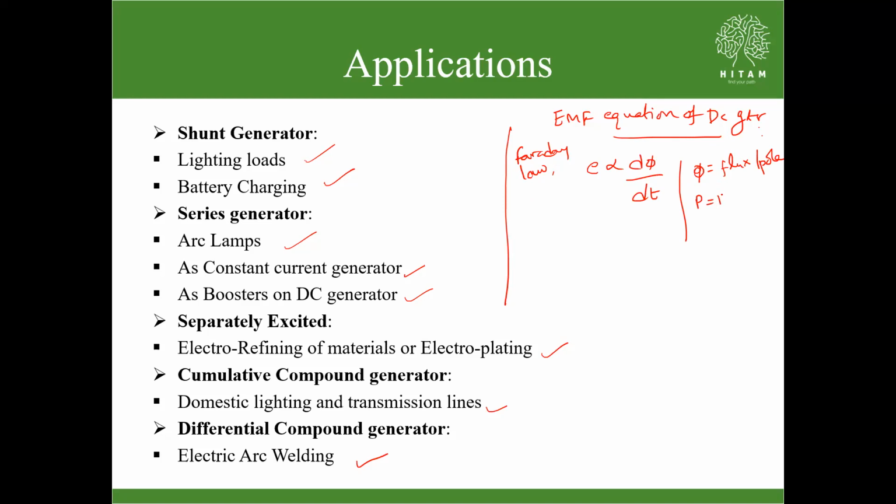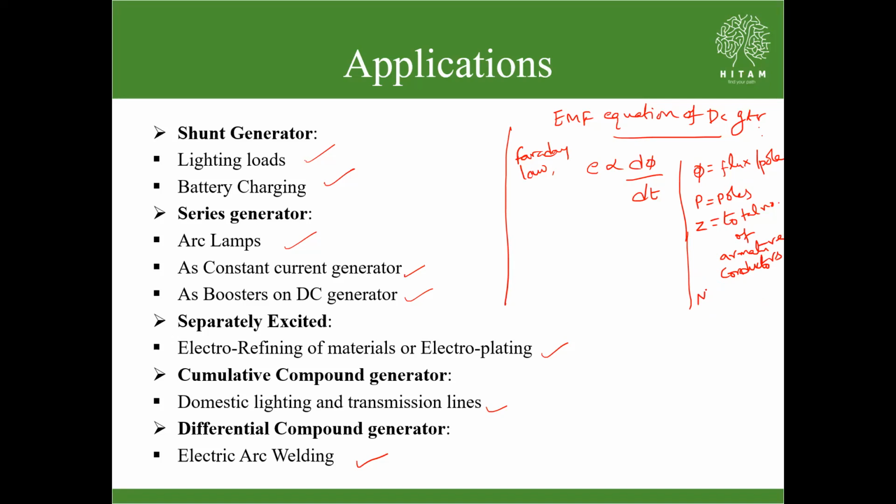P is the number of poles. Z is the total number of armature conductors. Just focus for 5 minutes more, and we can conclude the session.